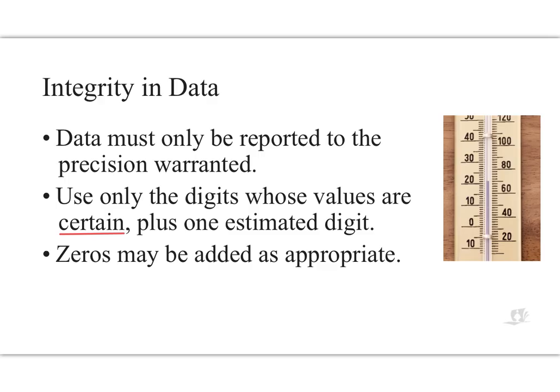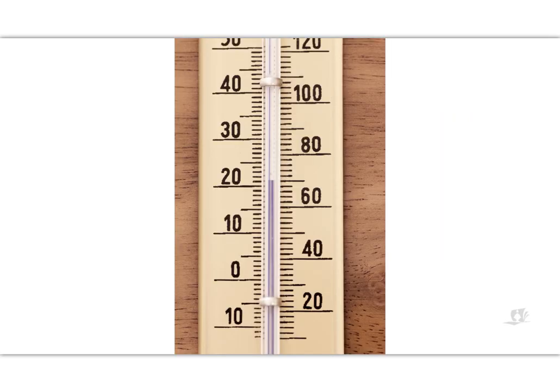Zeros might be added when you need to. So sometimes you round and you end up with a zero, but you actually measured to a specific point. So the zero is letting them know, hey, this may be a zero, but I measured all the way to the hundredths place, even though you see a zero there. And so zeros are often added when it's appropriate.